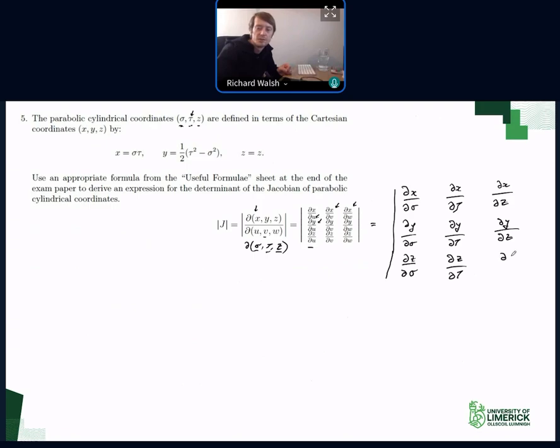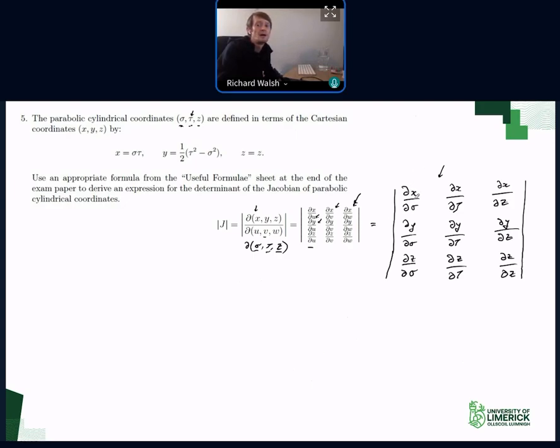And del z del w will be del z del z. Just replacing them. Now, I don't have the formula sheet from 2021. Maybe what I've written there, the matrix, is how it was presented in the formula sheet in 2021. I only have the formula sheet from the next year on. But if it was given like that in 2021, just put in the variables that you're actually working with, sigma, tau, and z.